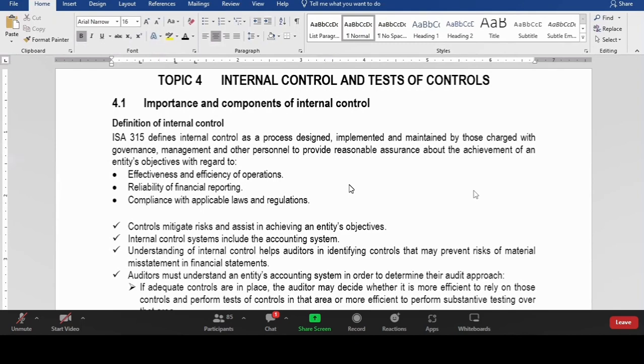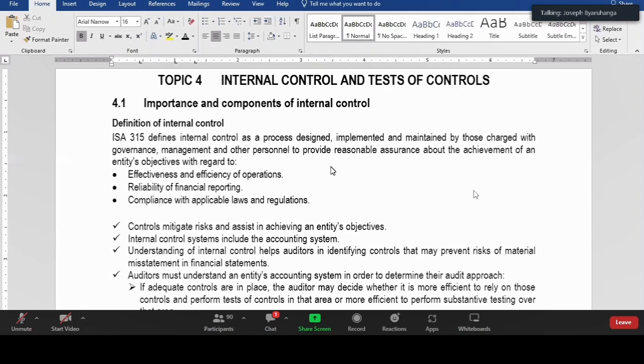So this is a continuation of topic 3, planning and risk assessment, except it is handled separately because it's a little bit more detailed. And here you remember the audit risk model where we talked about inherent risk, control risk, and detection risk. So in that model, we are working on control risk.